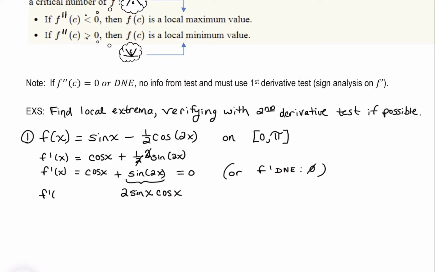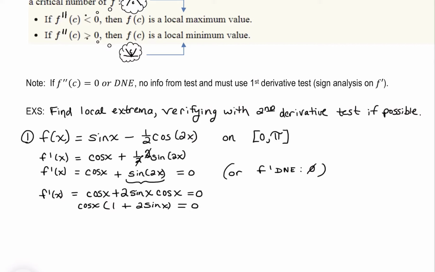So referring to that identity, we now have that f prime is equal to cosine of x plus 2 sine x cosine x, and we're looking for where that is equal to 0. Well, that now looks a whole lot better because now we can factor out the cosine of x, leaving us with cosine of x times the quantity of 1 plus 2 sine of x.